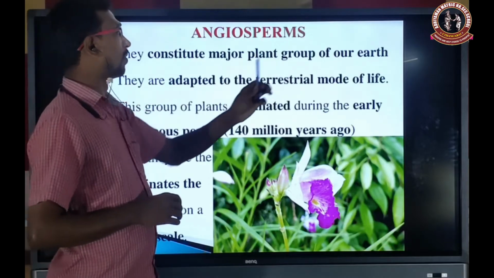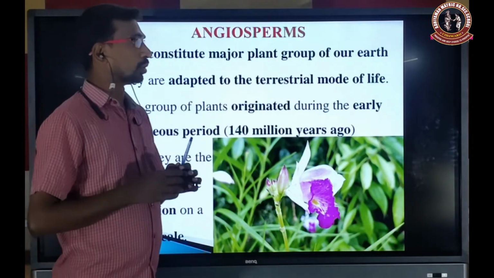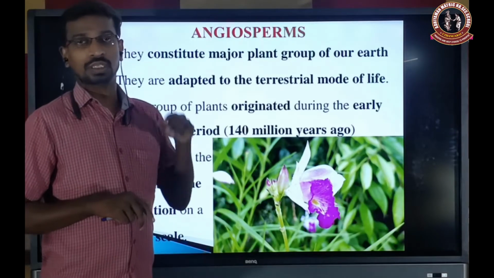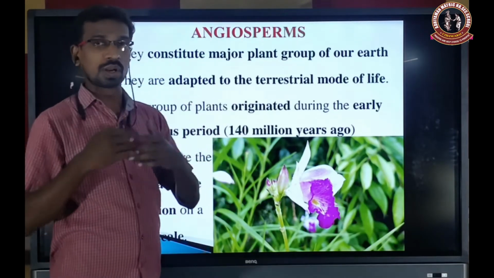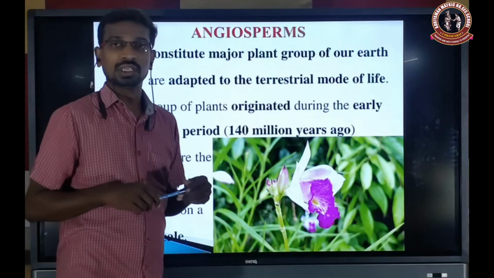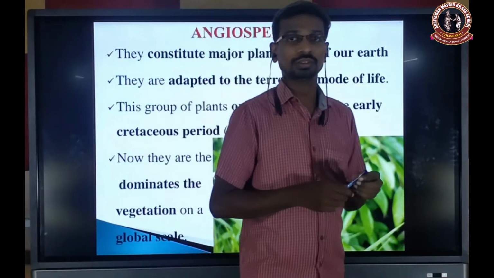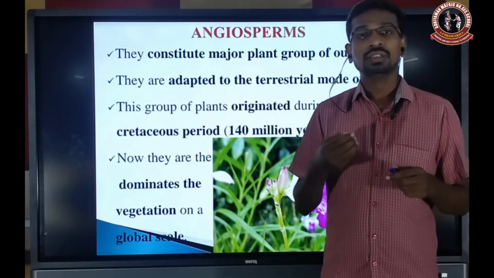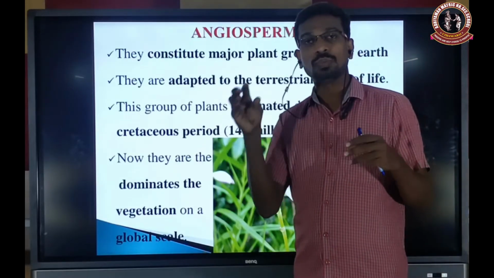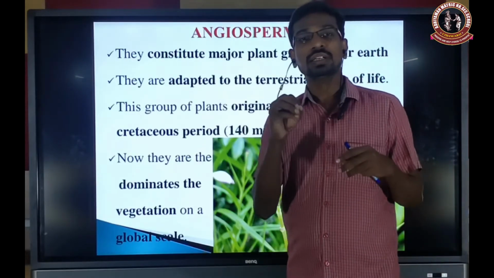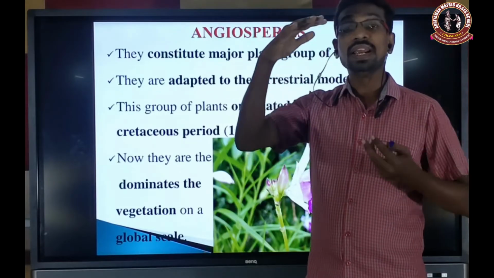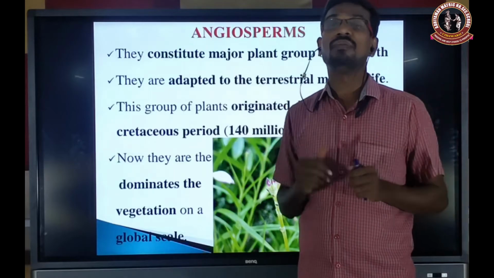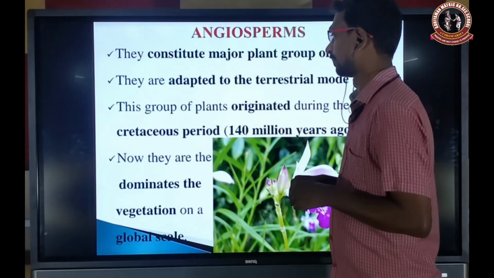They are adapted to the terrestrial mode of life, and the aquatic mode of life is also present. The best examples are lotus, pistia, wolffia. So different plants are also adapted to survive in water. But the major, dominant mode of life in this group of plants is terrestrial.